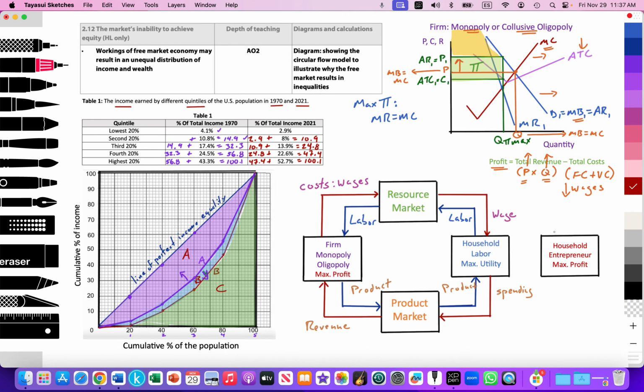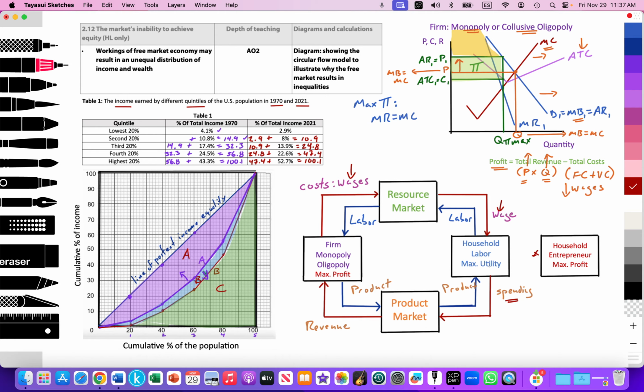All right, the household of the entrepreneur over here, seeking to maximize profit. They're running their firm, their monopoly, or their oligopoly, or their collusive oligopoly, and they're paying those costs, and they're trying to drive down wages, which is going to reduce wages for the household, and it's going to limit their spending, or it might push the household to borrow, to go into debt, to maintain their lifestyle.